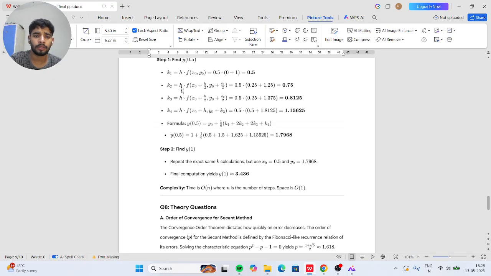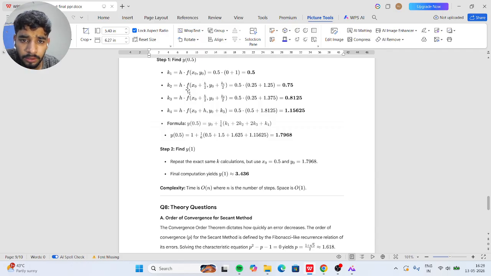Now for K2, we will also apply the Runge-Kutta method formula, which is h into function of x0 plus h by 2, comma y0 plus k1 by 2. See students, these are the important points where most people make mistakes.